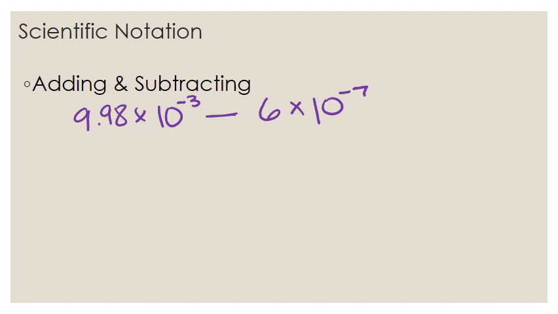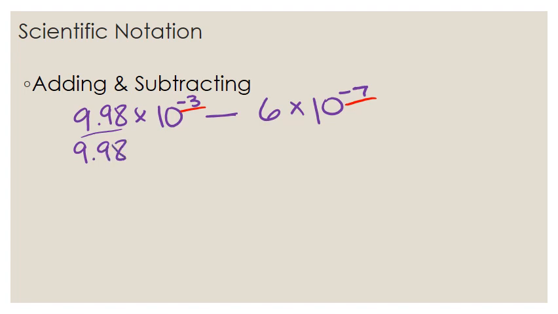All right, so first things first, not good, I don't have like exponents. So first thing I need to do is to make them like exponents. So I'm going to decide which one to keep. I'm going to keep the negative 3, just because this number is a little more messy.